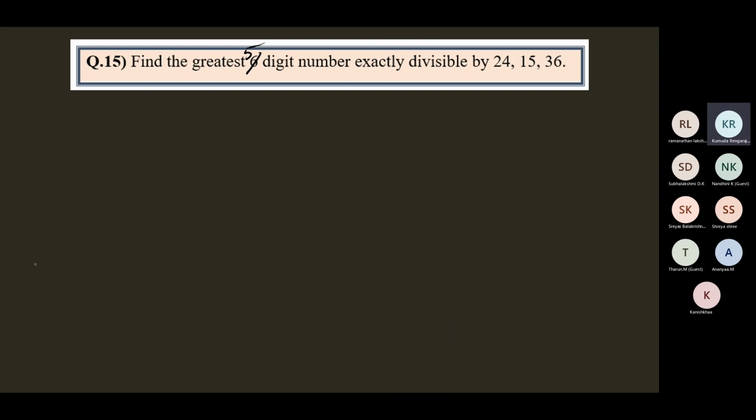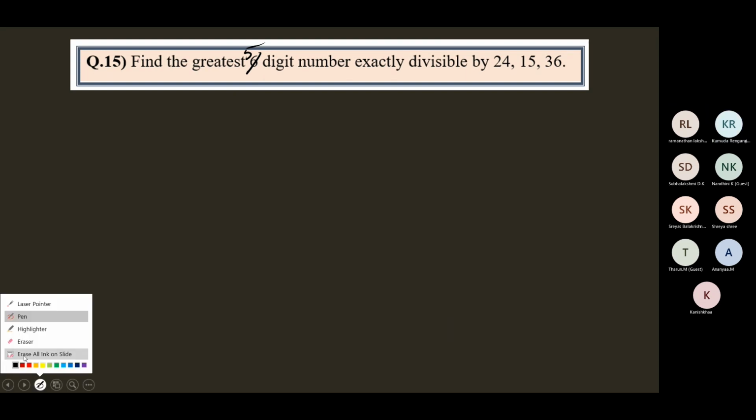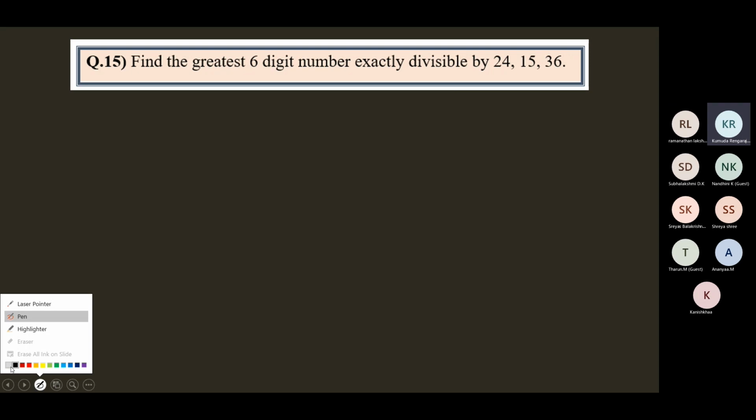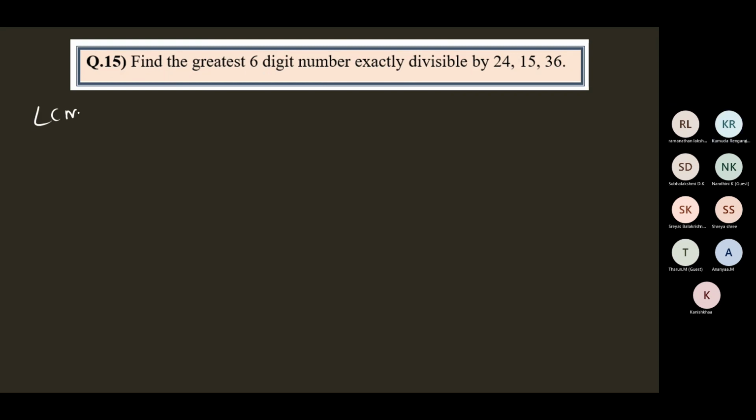Not to confuse you with this slide. Let me do one thing. Let me work for the 6-digit number itself. Forget that. Let's do for this one, children. So the LCM we can take from here. The LCM of 24, 15, and 36 is 360. Now we need to find the greatest 6-digit number.